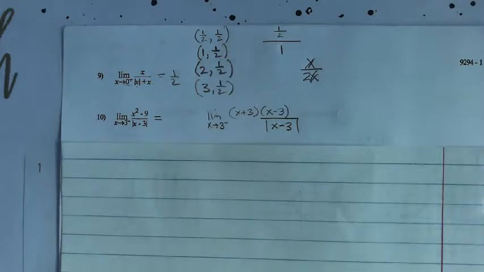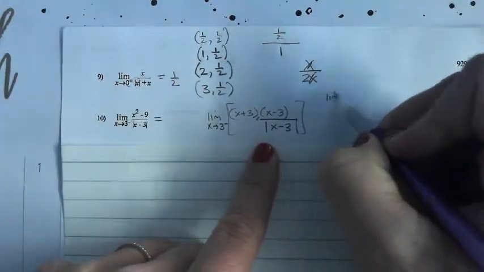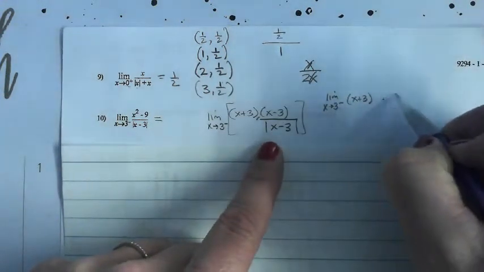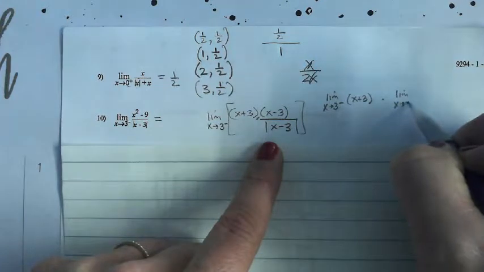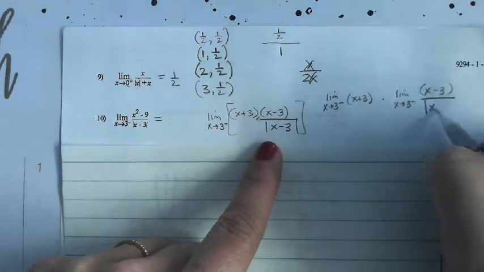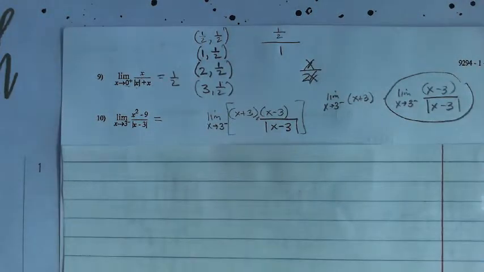So if we think about these as two different functions and look at our limit as x approaches 3 from the left on x plus 3, and look at the limit as x approaches 3 from the left on this function, this one you should recognize.